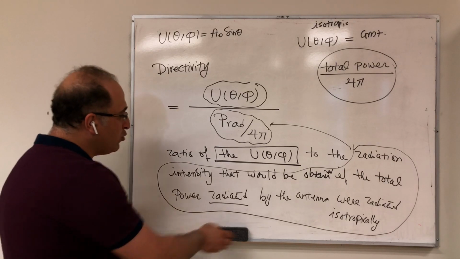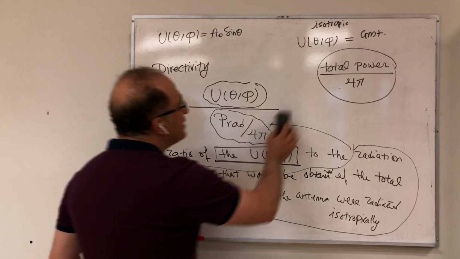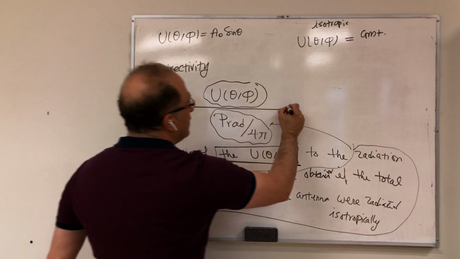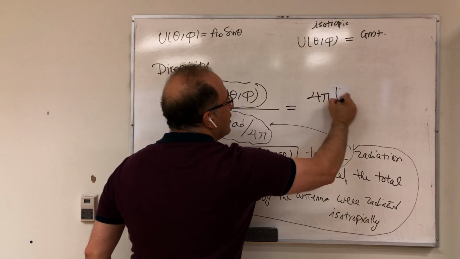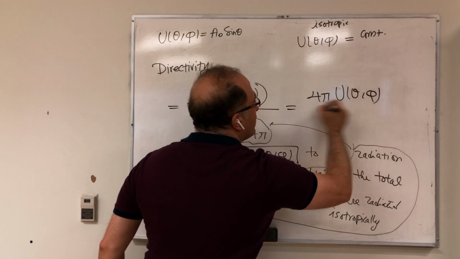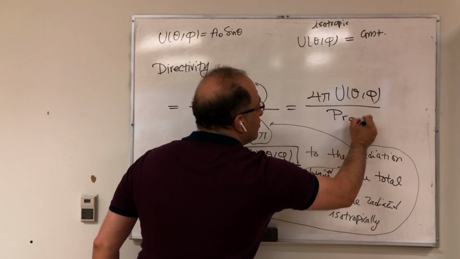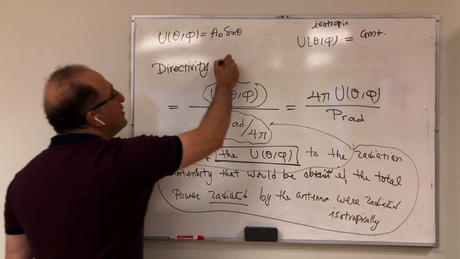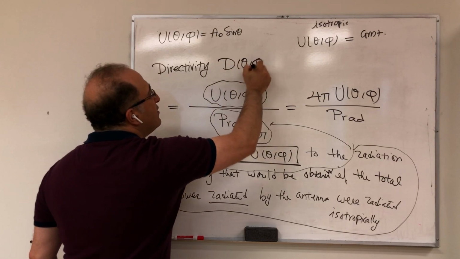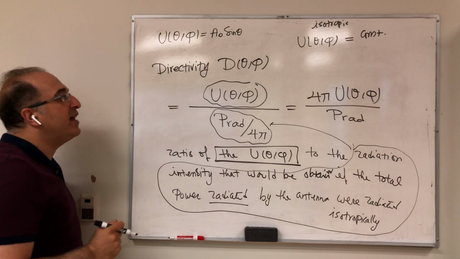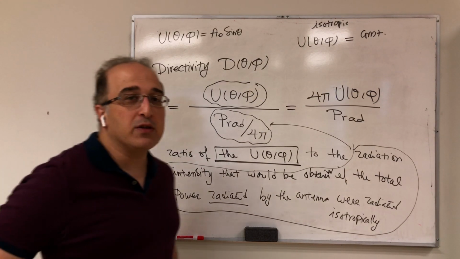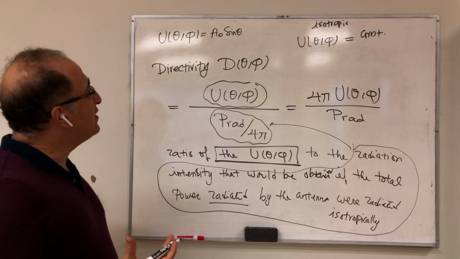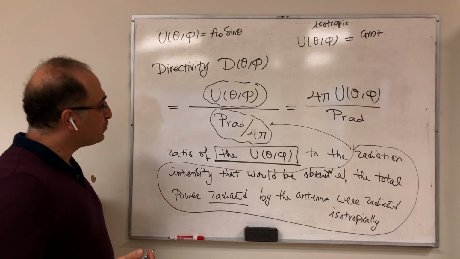Now, usually we don't write it like that, so we write it as 4 pi U theta and phi divided by P radiated. So that would be the definition of directivity. And as you see, directivity is also a function of theta and phi. So that's essentially the definition of directivity.